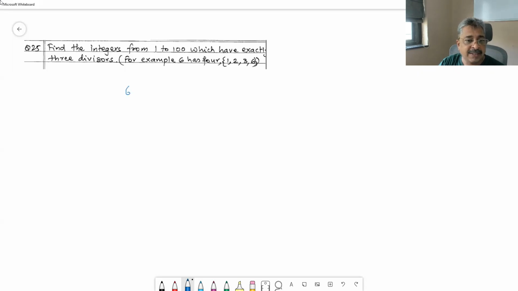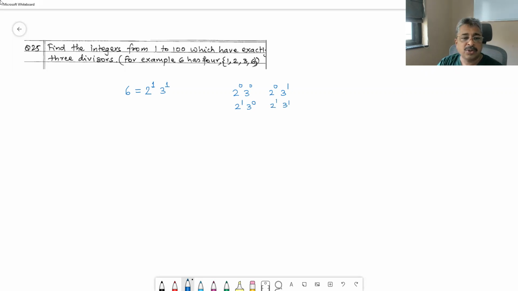If we take 6, its prime factorization is 2 raised to 1, 3 raised to 1. So consider 2 raised to 0, 3 raised to 0; 2 raised to 0, 3 raised to 1; 2 raised to 1, 3 raised to 0; 2 raised to 1, 3 raised to 1.